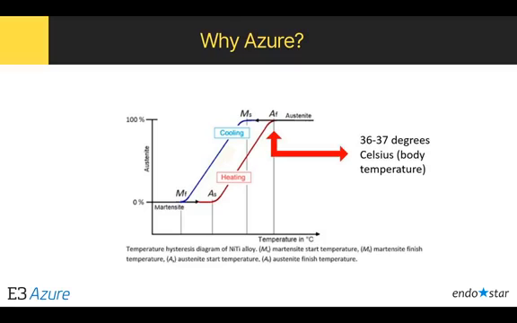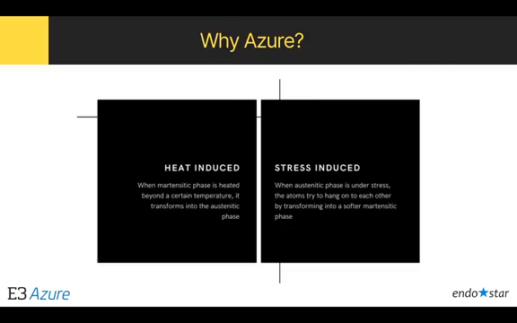This means as soon as you place your file into the canal, it transforms completely into its austenitic phase, thus giving you super cutting efficiency. Yes, now you all might be wondering, if the file is already in its austenitic phase, how do we address the flexibility? To explain this, let me go back a couple of slides.